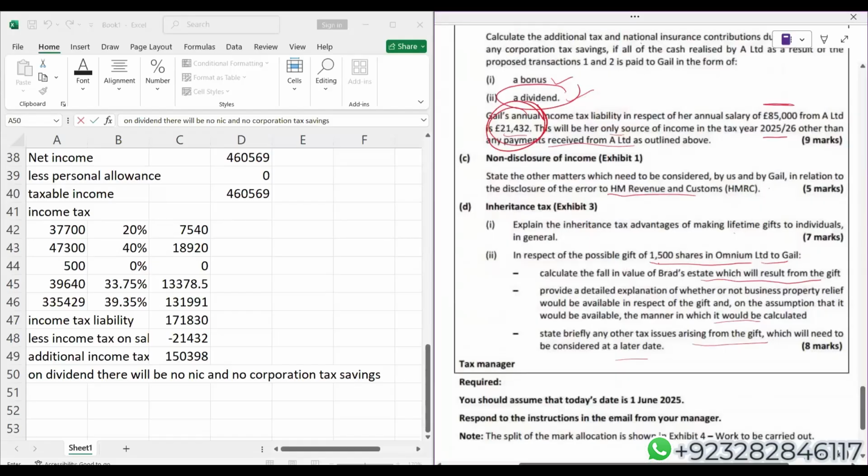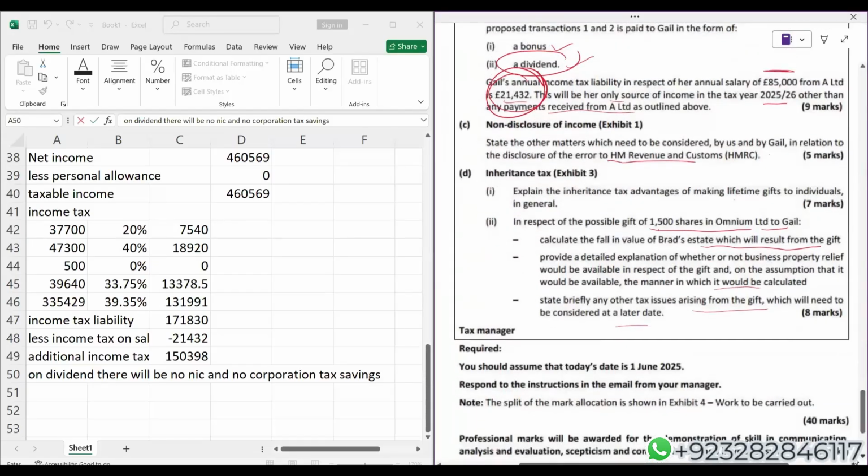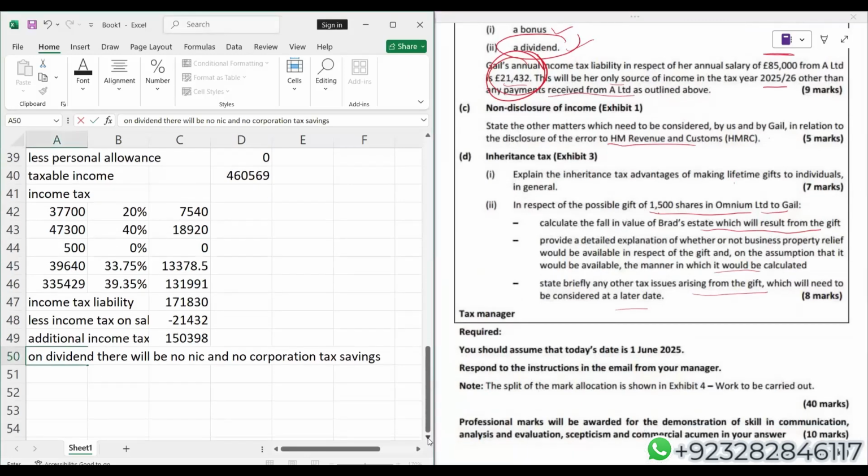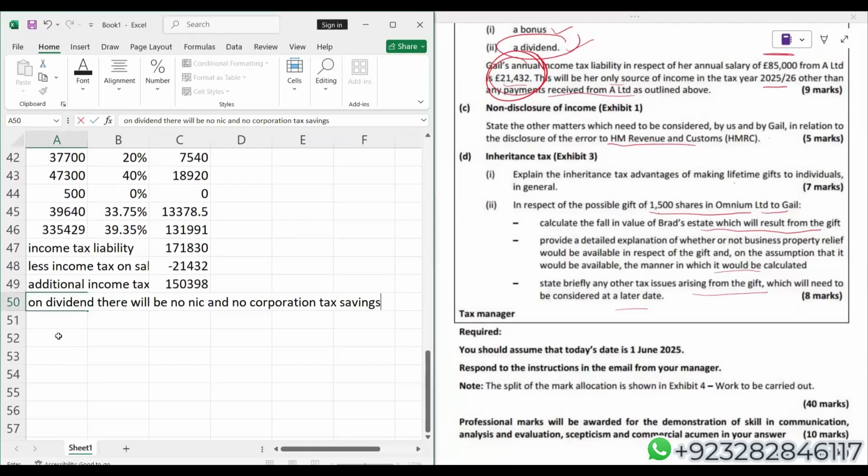In respect of possible Part C, I have explained it in my own wordings. You can just write in your own wordings to save time. Part D, point 1, I have also explained. Now let's go for D3, in respect of the possible gift of 1,500 shares.